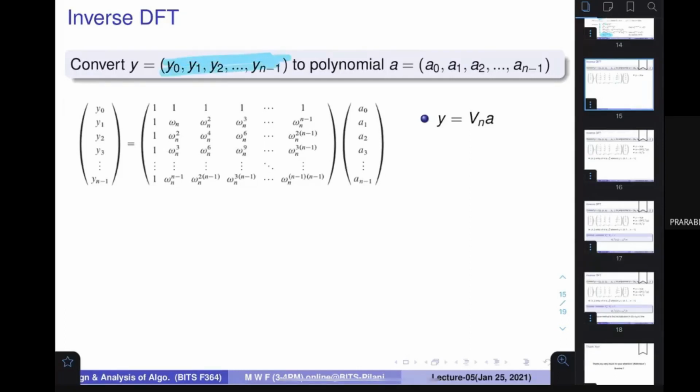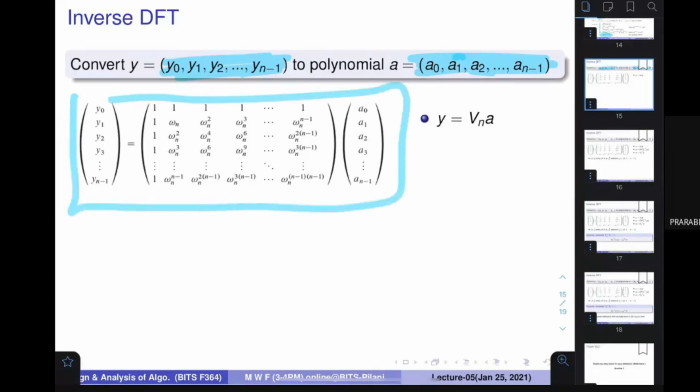So you know that you can represent this in this way, because all the y's are computed in this way, that y0 is equal to, if there is a matrix, let me call it V, Vn. So you know what the terms over here are: 1, w1, w square, w to the 4, 6, up to n, then they are multiplied with these numbers, and then you are going to get your y value.